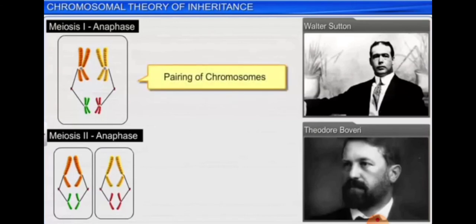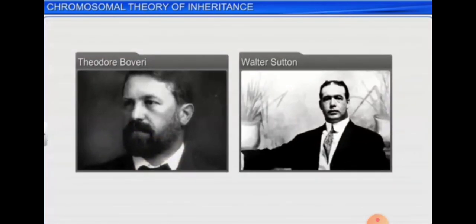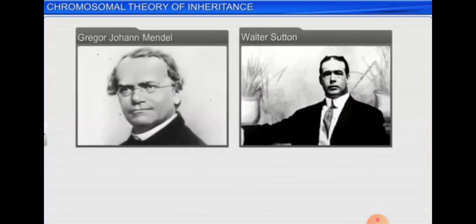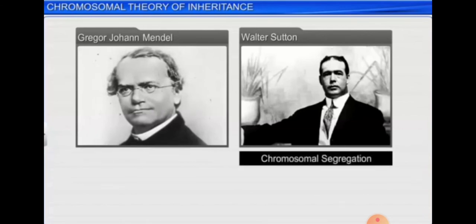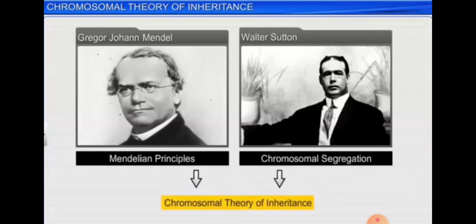Both Sutton and Boveri were of the opinion that the pairing and separation of a pair of chromosomes would result in the segregation of the pair of genes or factors carried by them. Their hypothesis on chromosomal behavior came to be known as the Sutton-Boveri chromosome theory. Sutton combined his hypothesis of chromosomal segregation and Mendelian principles, and called it the chromosomal theory of inheritance.